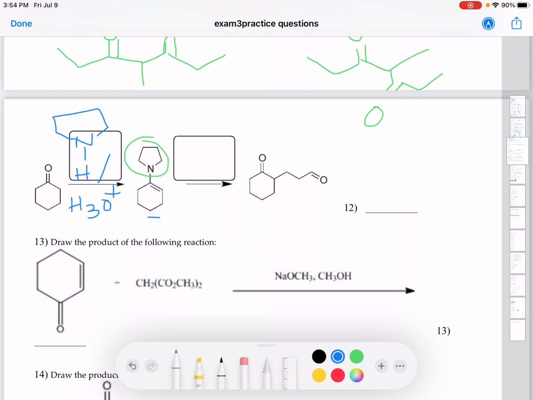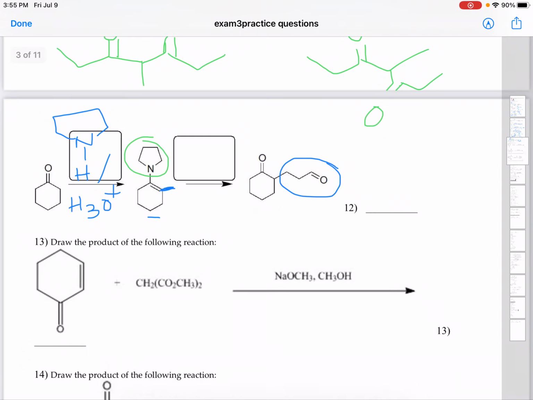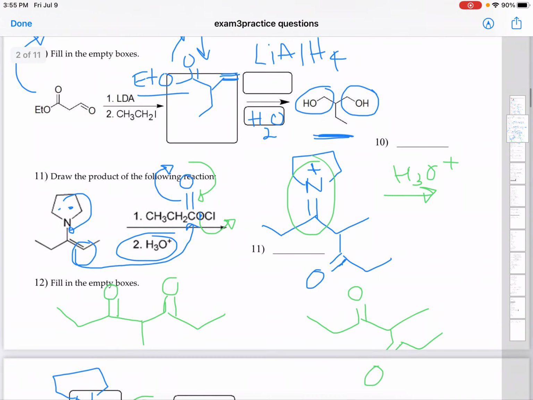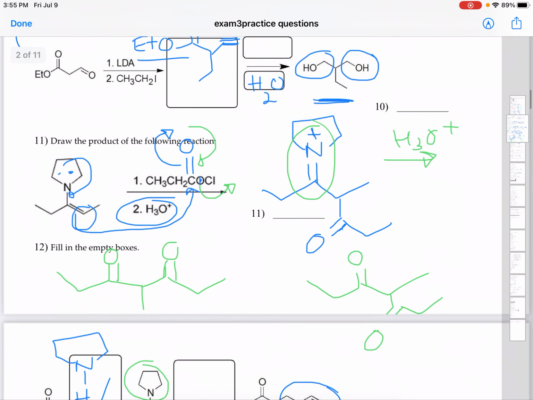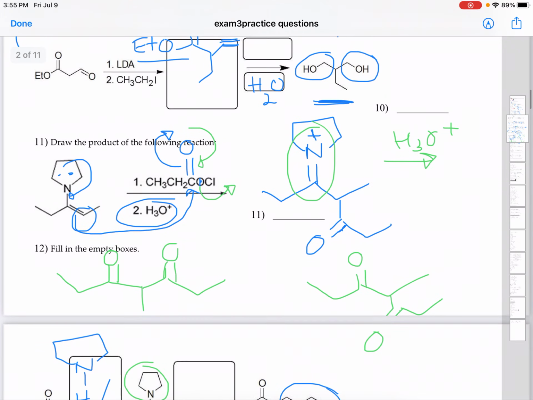Once the enamine is formed, you want to make this molecule that is shown to you, right? So meaning at this position you have added this group. Remember in the previous one we saw that the enamine can react with the carbonyl group.